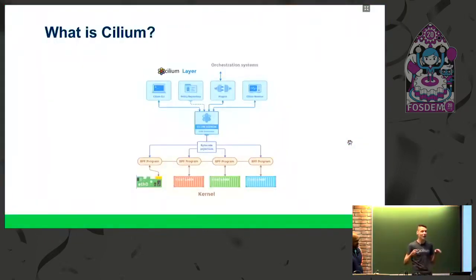So Cilium consists of several components. The main one is the agent, which runs on every node in the Kubernetes cluster, and it takes care of generating the eBPF programs and loading them into the kernel. And you have several other components to interact with Cilium, like the CLI, plugins to different container runtimes, or the policy repository.